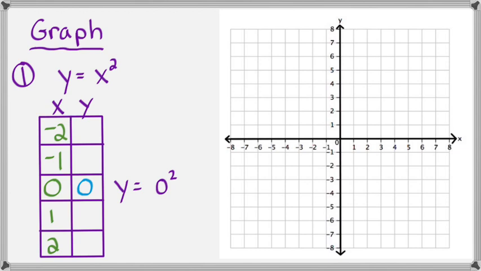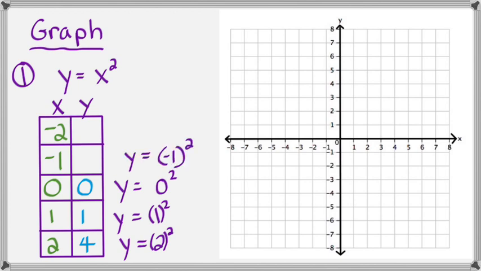For this one, it happens to be (0, 0), because we don't have a y-intercept. 1 squared is 1, 2 squared is 4. And we'll see on the other side of the vertex, (0, 0), that the values mirror, right? -1 squared is 1, and -2 squared is 4.